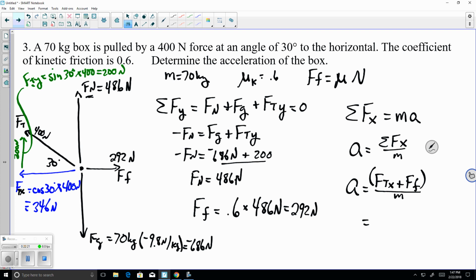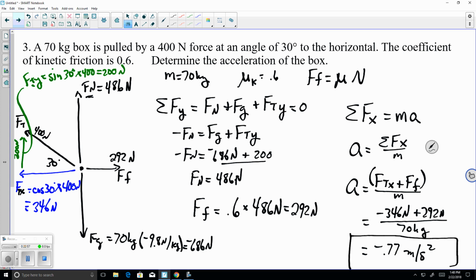Ftx is minus 346 plus the friction force, which is 292, all over the mass, which is 70 kilograms. If I plug all that in, I end up with minus 54 newtons on top over 70 kilograms, and that gives me an acceleration of minus 0.77 meters per second squared.